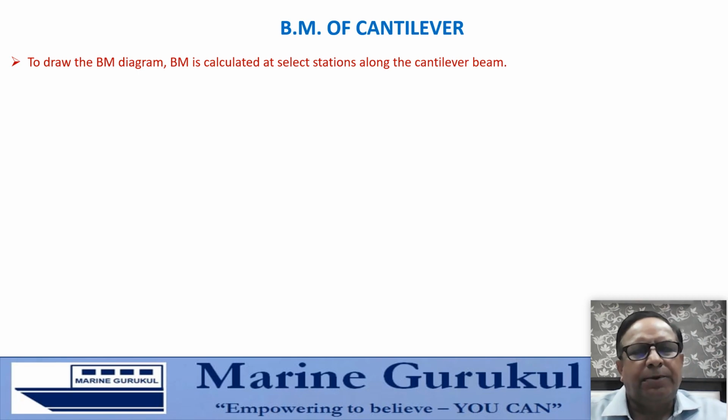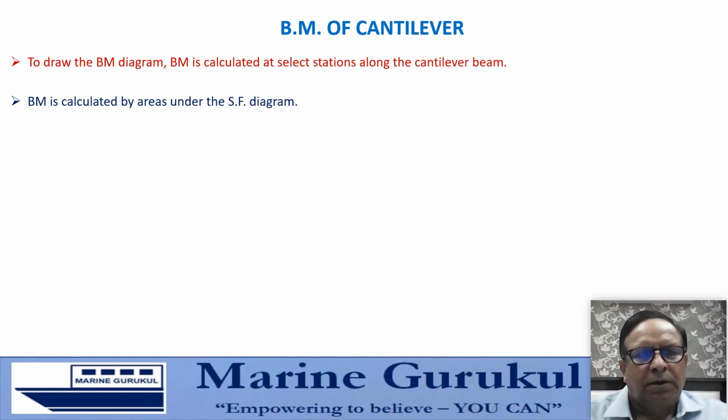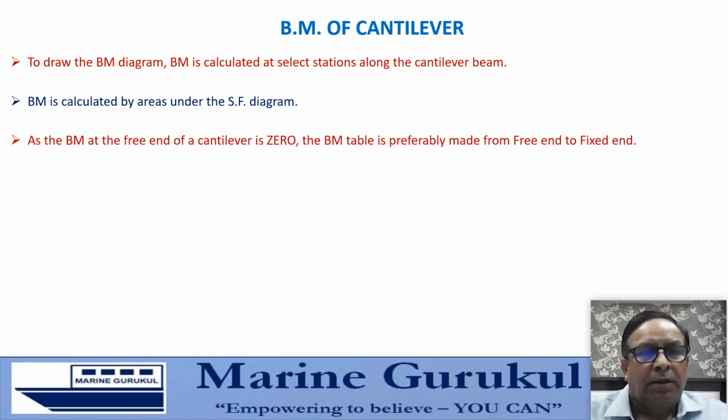To draw the BM diagram, BM is calculated at select stations along the cantilever beam. We shall be calculating the BM by integrating areas under the SF diagram. Please pay attention to this point. The BM at the free end of a cantilever is 0.